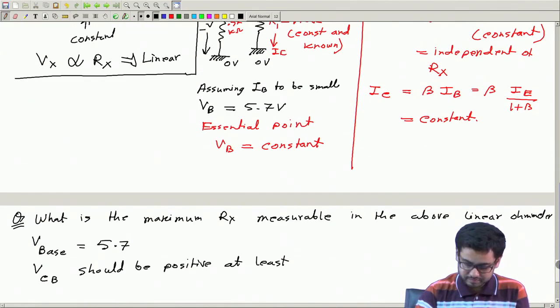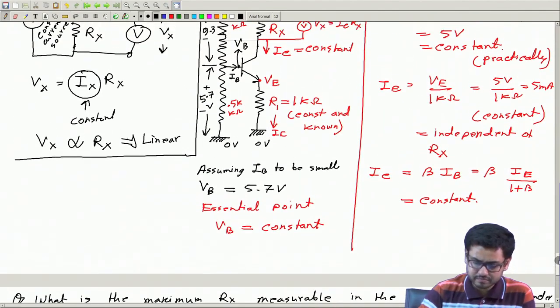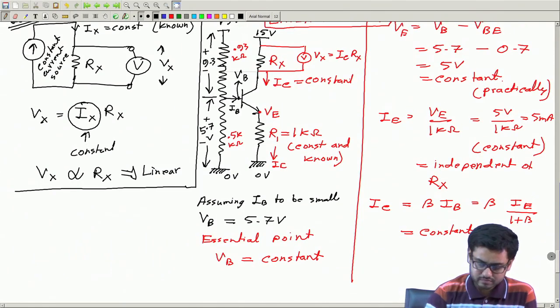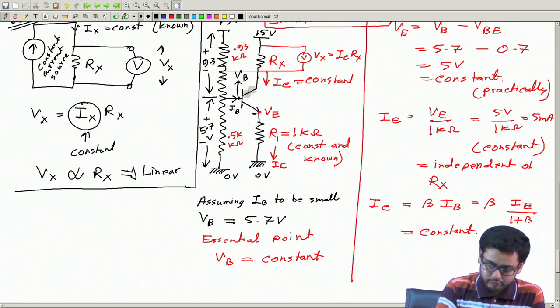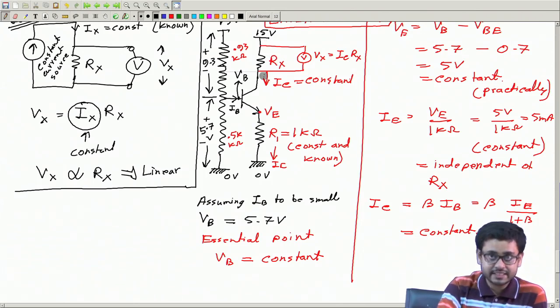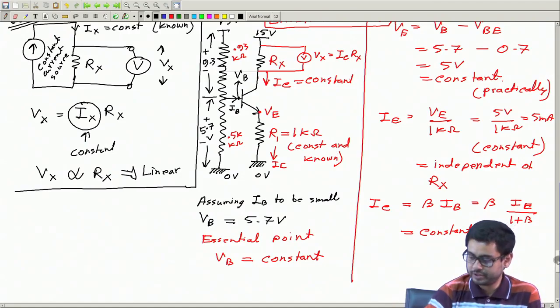So we need at least a positive voltage drop, more than 0 volt, so that we get IC equal to beta IB. Otherwise, this relationship will not be true.